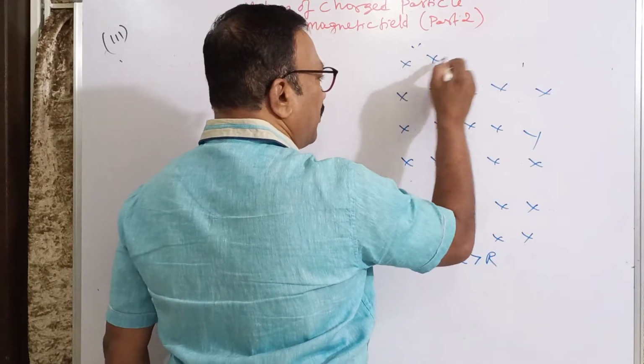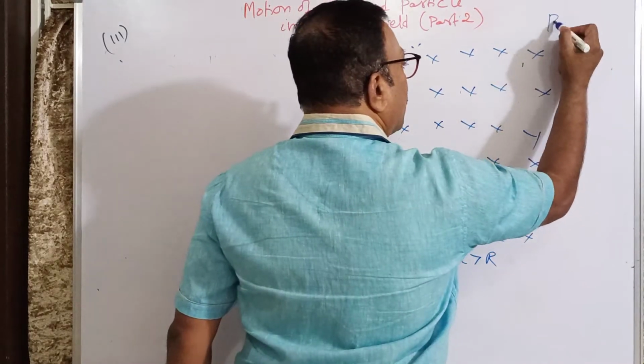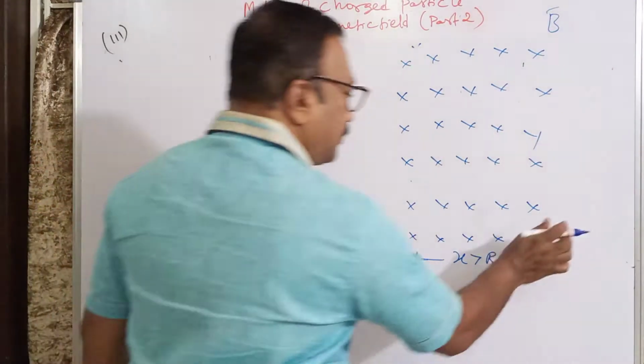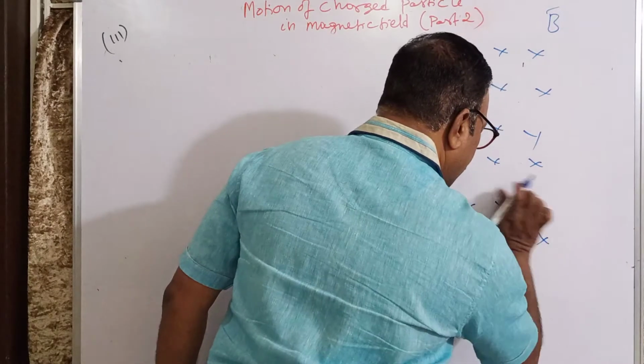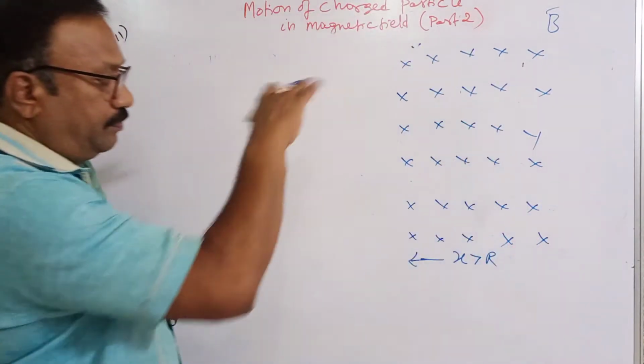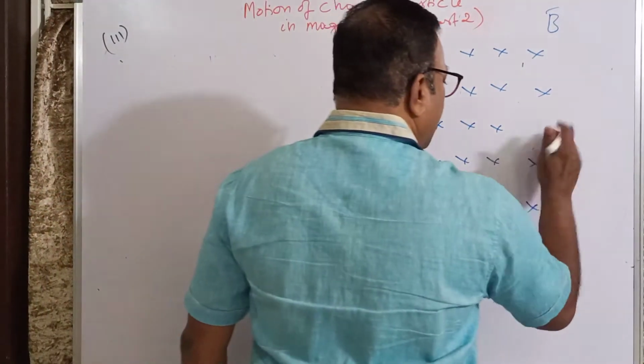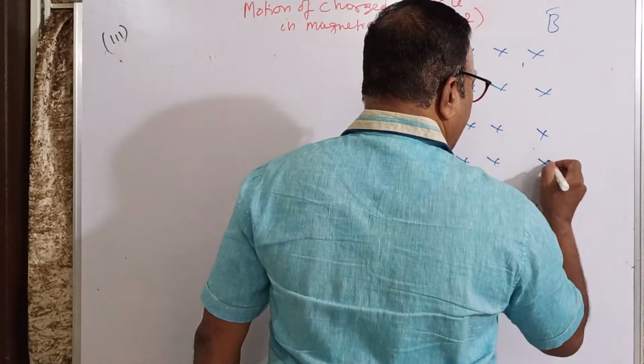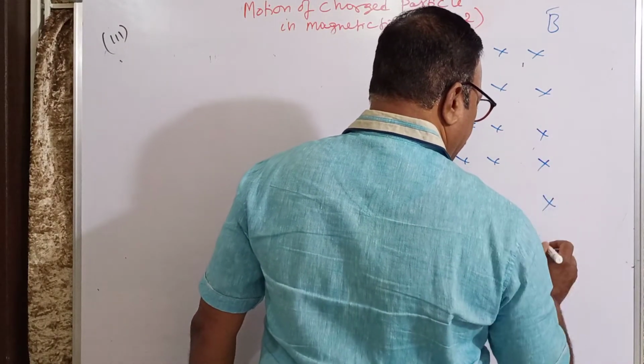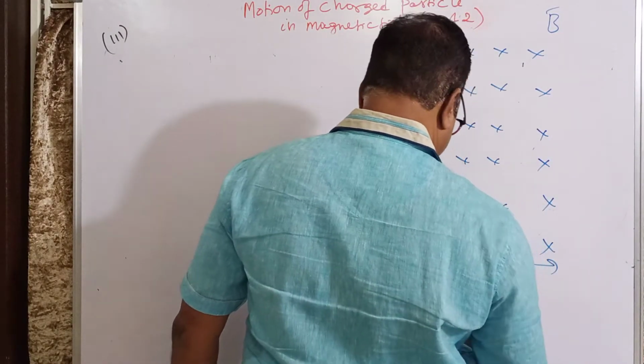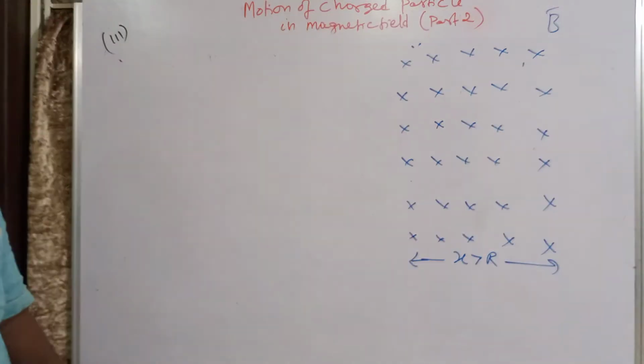There is no restriction for here. So this is a magnetic field B bar. And this is greater than the radius.